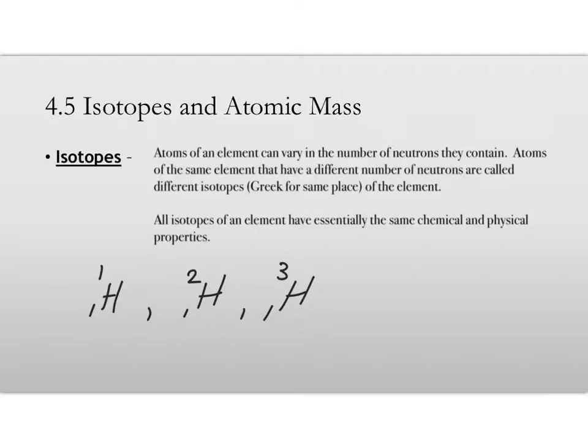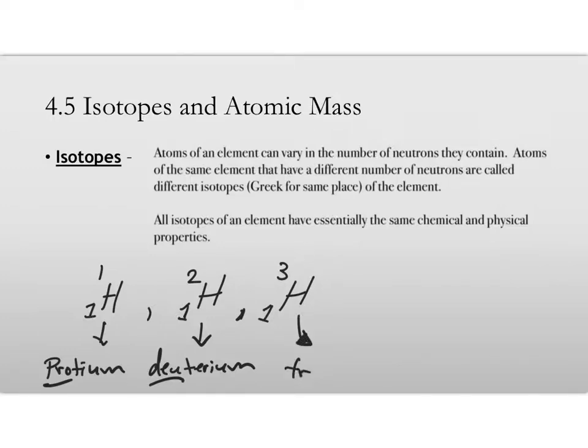You can see they have different mass numbers, 1, 2, and 3, but they all have the same number of protons, 1. Those are isotopes. This isotope is called protium. That isotope is called deuterium. Pro meaning like the first, deu for 2, and then H3 is called tritium.